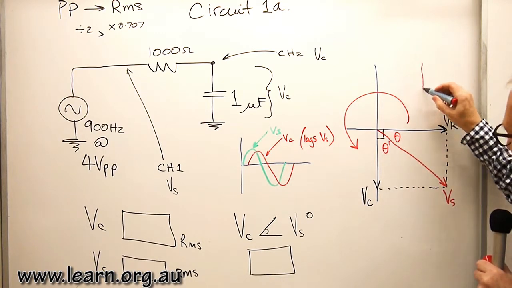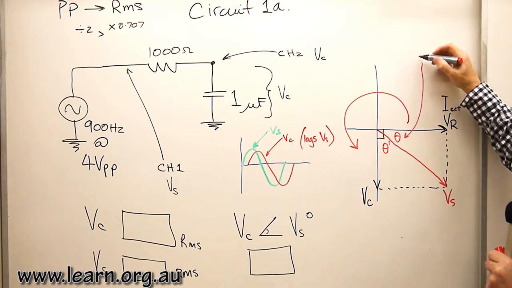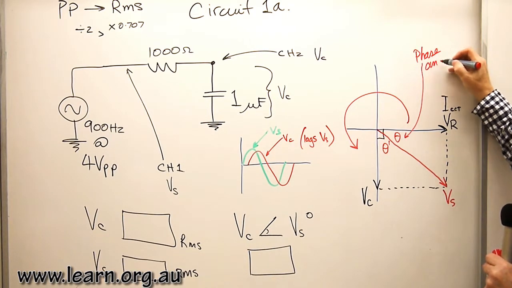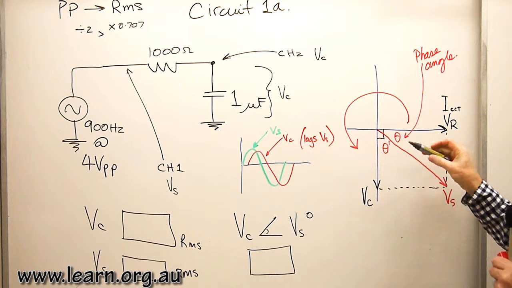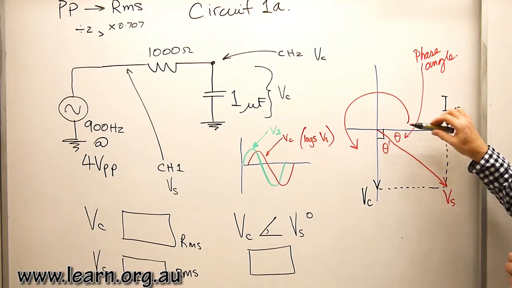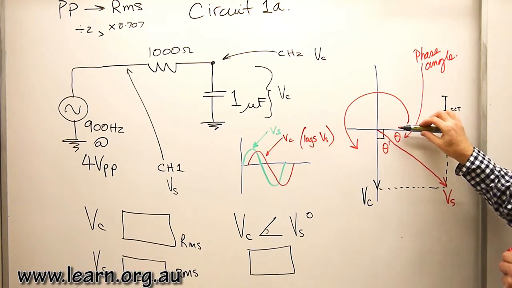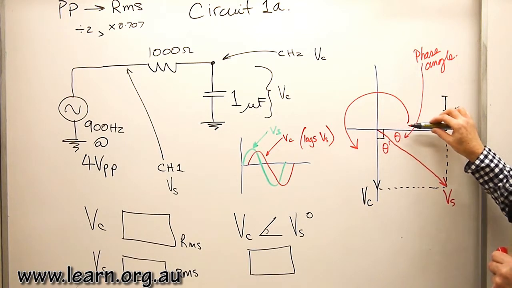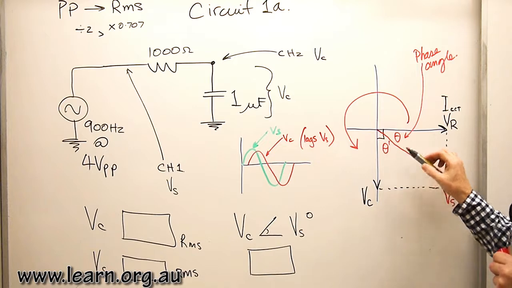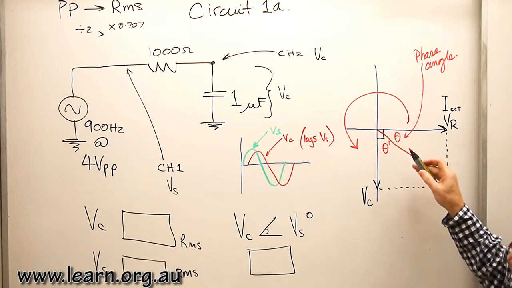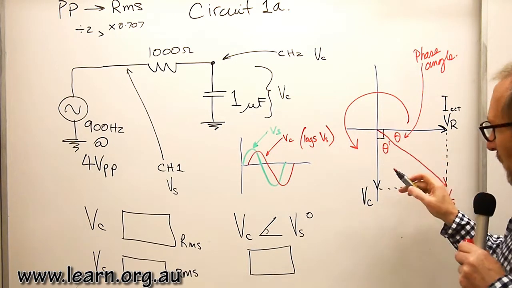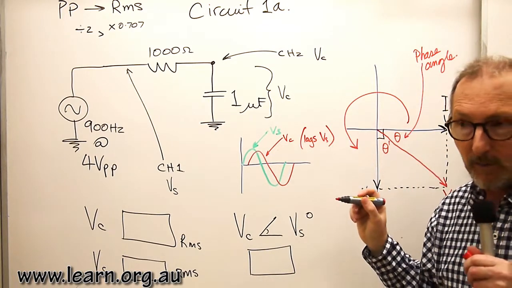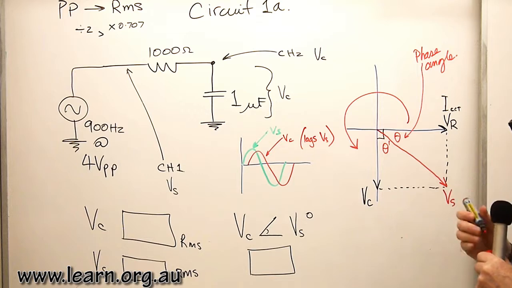Theta here represents the phase angle of the circuit, which is the angle by which the supply voltage differs from the supply current, the circuit current. In this case we've got a lagging phase angle in a capacitive circuit, and that would be designated with a minus if we did some maths on those figures.